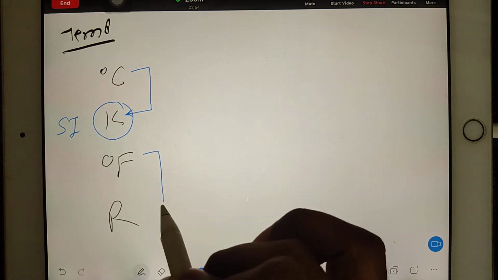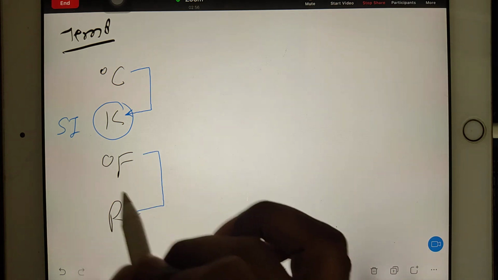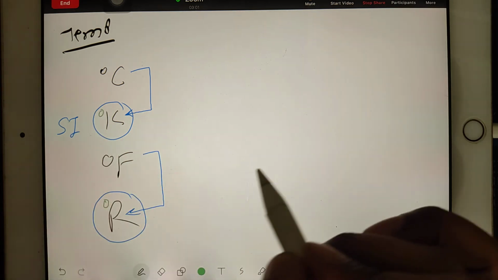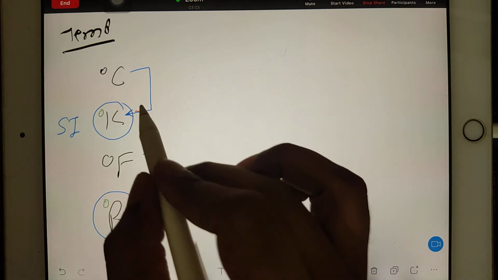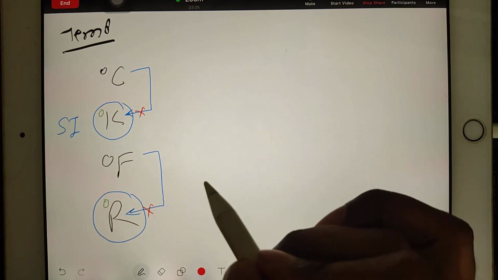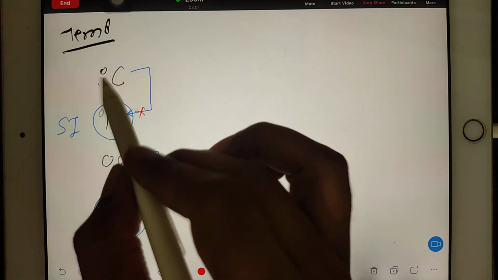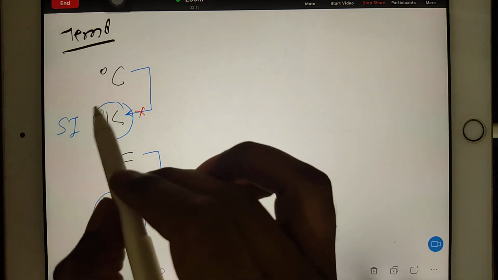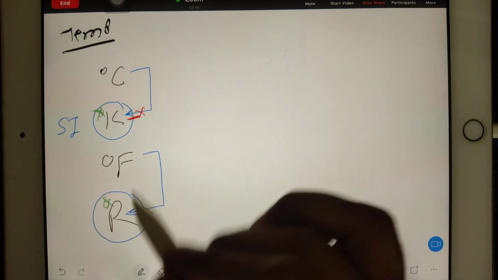Degree Fahrenheit also has its own absolute temperature, which is Rankine. Many people make the mistake of putting a degree sign on both. No guys, Kelvin and Rankine are absolute temperatures of the respective Celsius and Fahrenheit degree scales, so they are not for degree. Kelvin without degree, Rankine without degree.